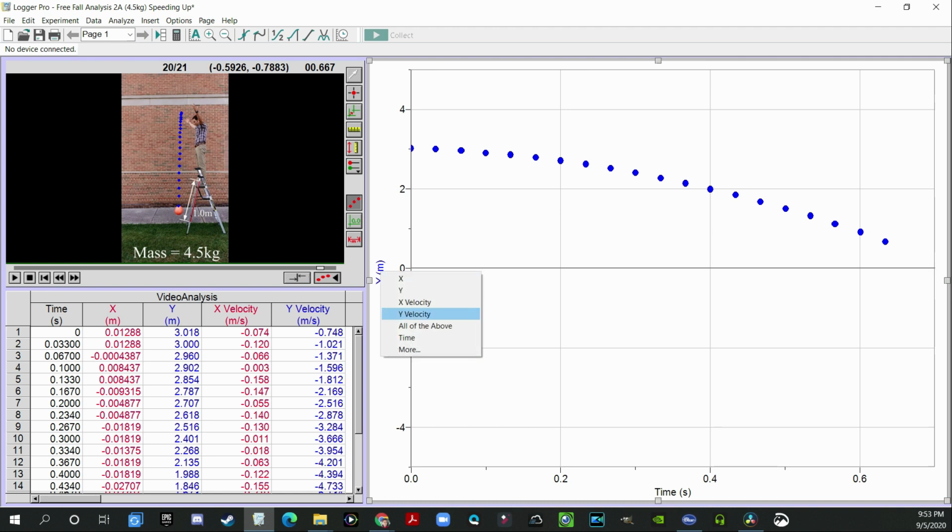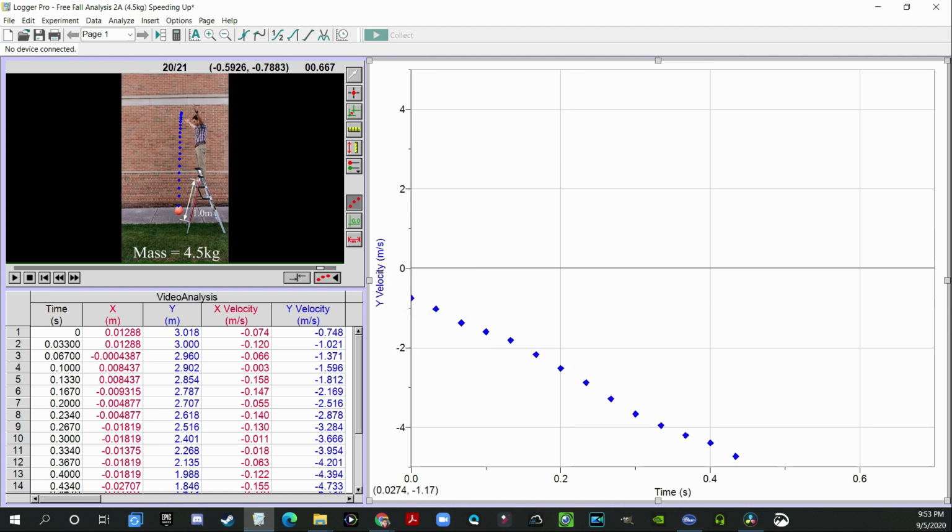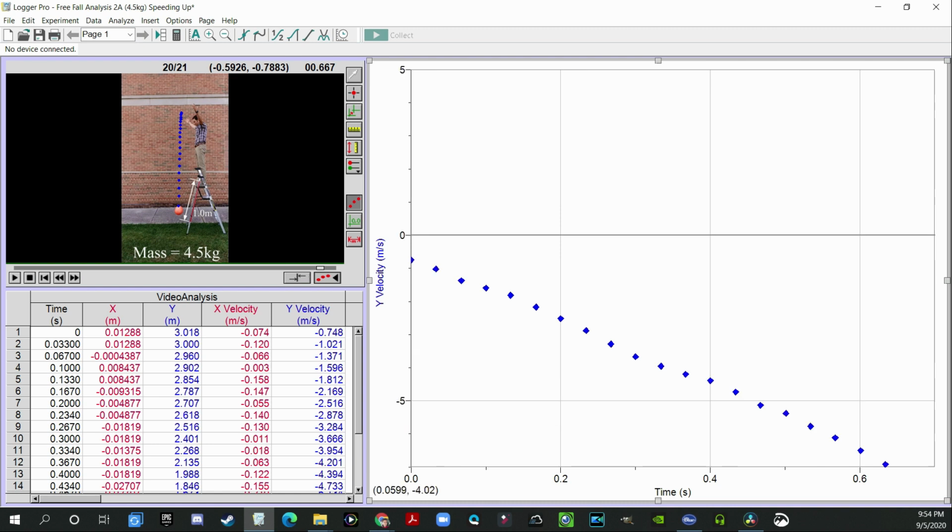Let me now graph the y velocity versus time. So what's true of the vertical velocity versus time? Let me change the scale just a little bit so we can see all of our data. Okay, so here's the 0 axis. This is velocity versus time. See that the velocity was measured a little bit after time 0, a little bit after the moment I released it because it doesn't start at 0.